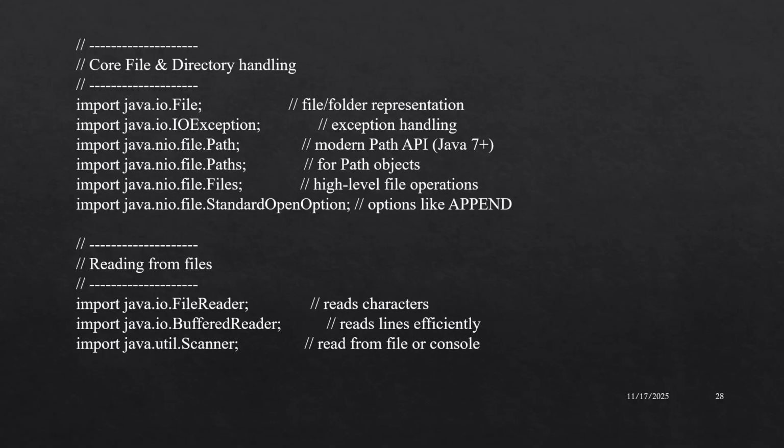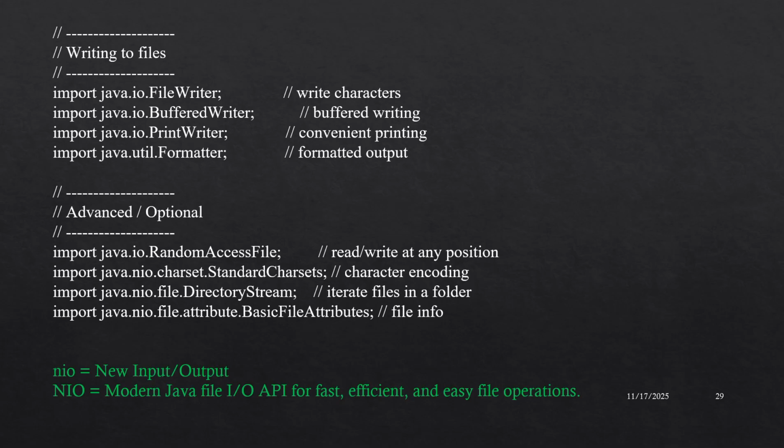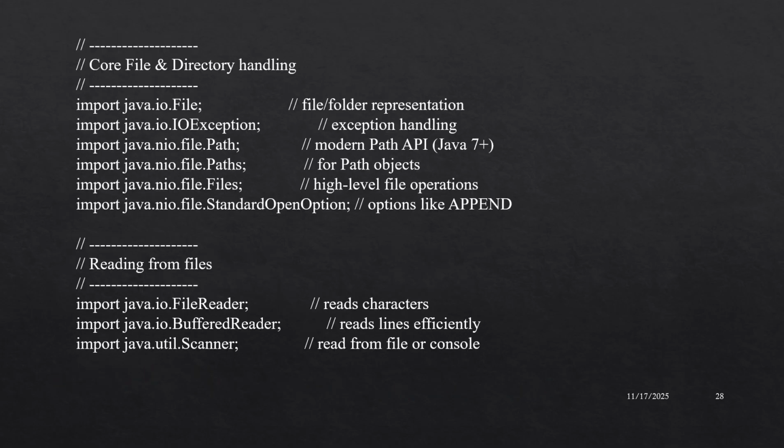Here are many imports I have listed, and those imports will be needed whenever you try to write to files. Firstly, I will describe one import in detail, and then you will understand the others easily. Import java.io.File. java.io is a built-in package.